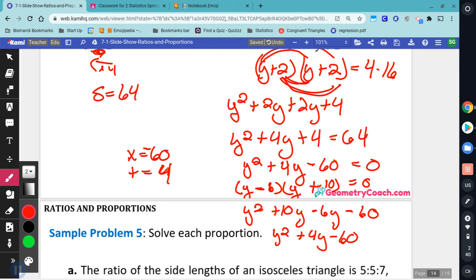It's either what fits in the first parentheses to solve for 0, so y minus 6 equals 0, or what fits in the second parentheses to solve for 0. Because as long as one of the groupings is 0, you multiply it by the other one, and your answer is 0. So your two possible answers are positive 6 or negative 10.